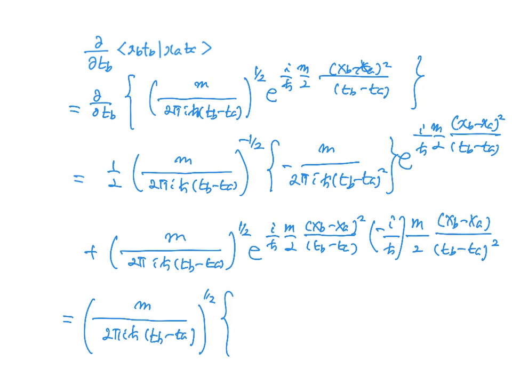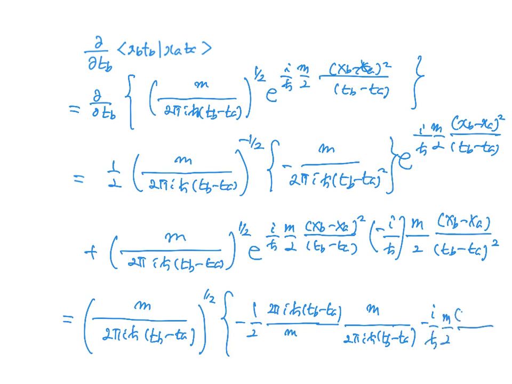Then we have the following formula: minus 1/2 times m over 2 pi i h bar (tb minus ta), times m over 2 pi i h bar (tb minus ta), minus i over h bar, m over 2, (xb minus xa) squared over (tb minus ta) squared.